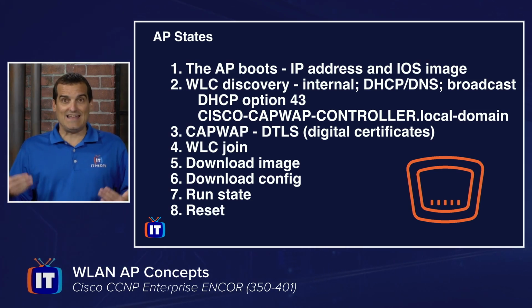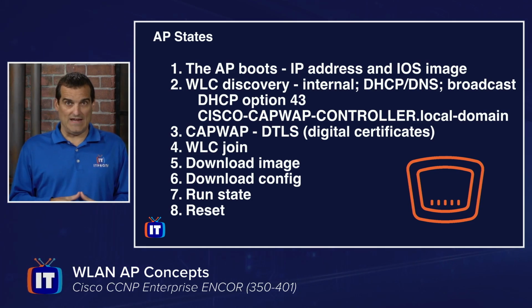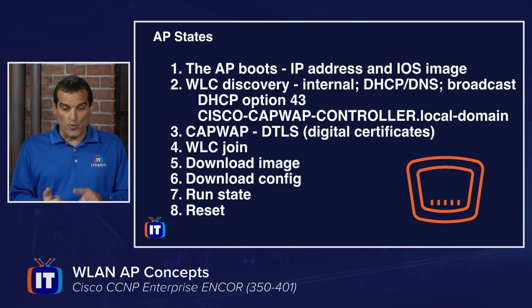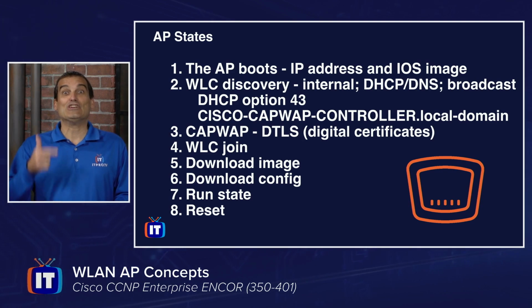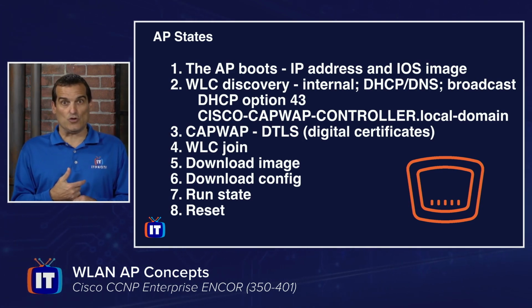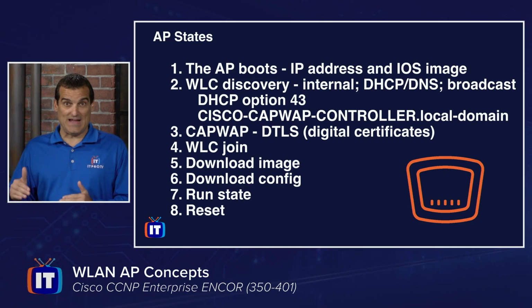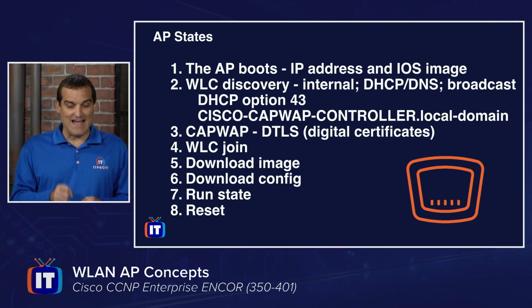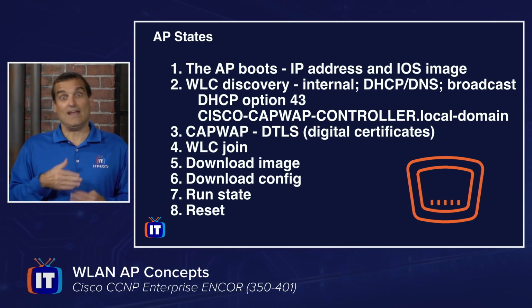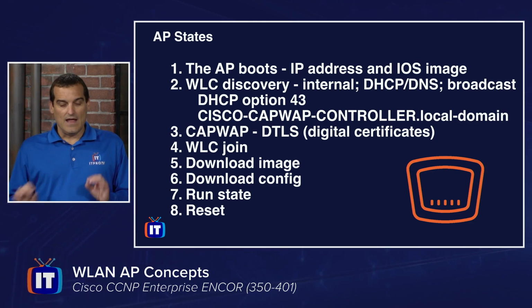If it doesn't have that, another common way to get it is DHCP in conjunction with DNS. What you have happen is DHCP option 43 is used to indicate the wireless LAN controller. From a DNS perspective, there's a well-known DNS name that can be utilized, and it's cisco-capwap-controller and then your local domain.